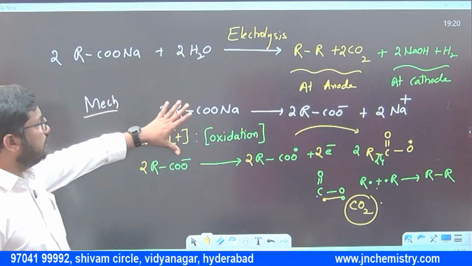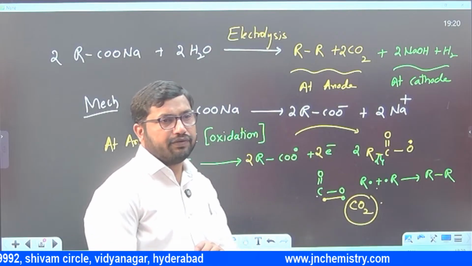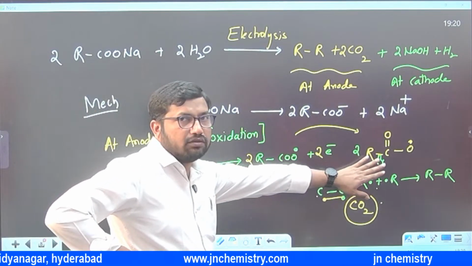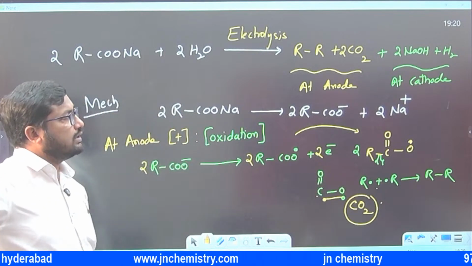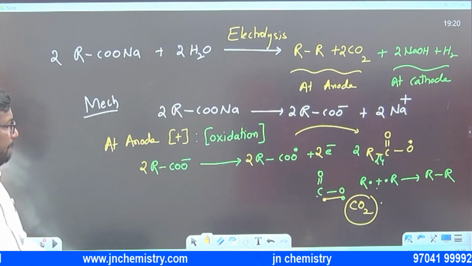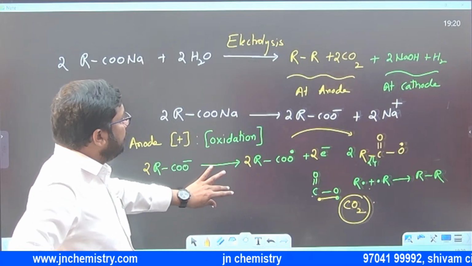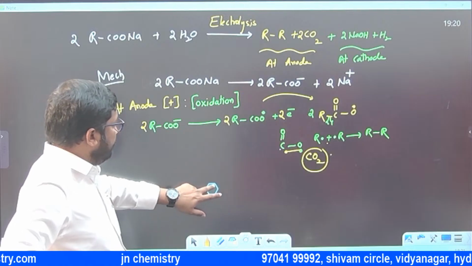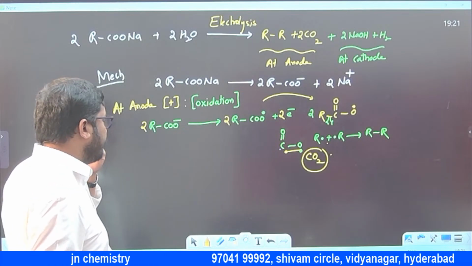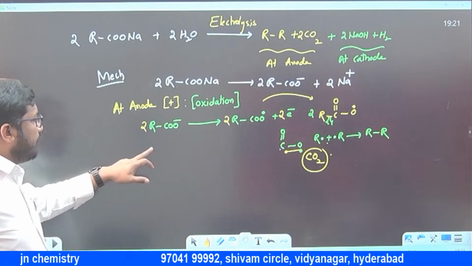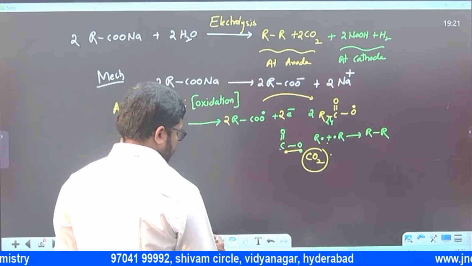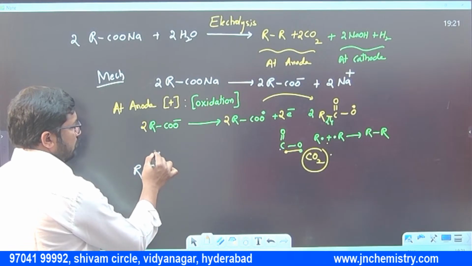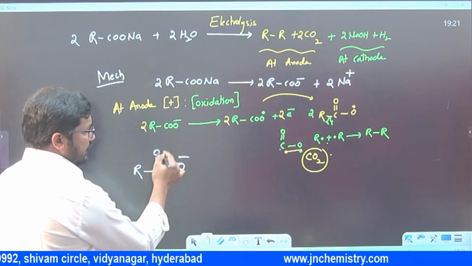So this is the mechanism for the anodic reaction. Write it down, everyone. If anybody is confused here, I'll explain once again if you want. So this R C double bond O minus, can we write the structure like this?